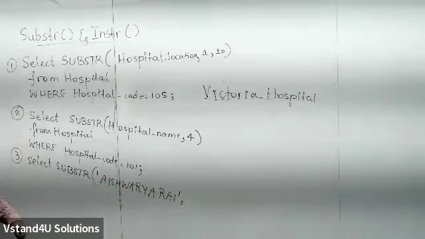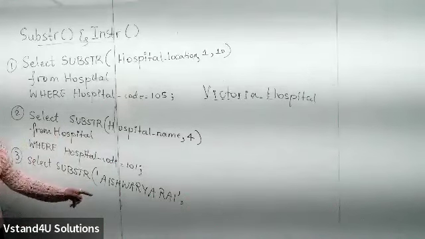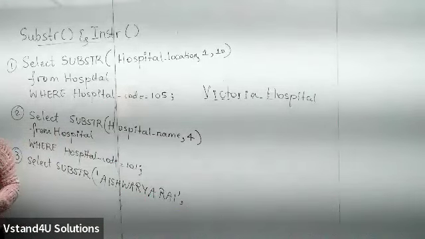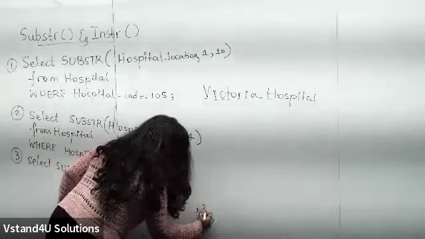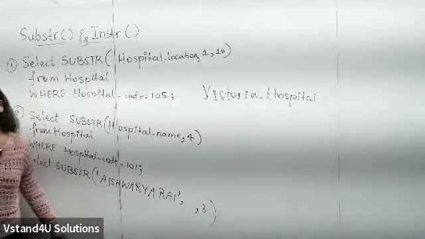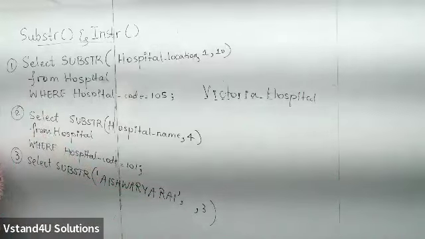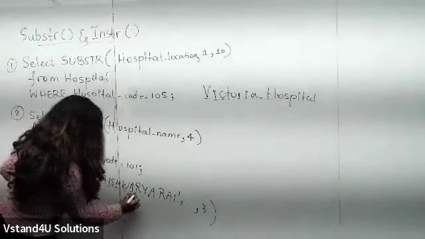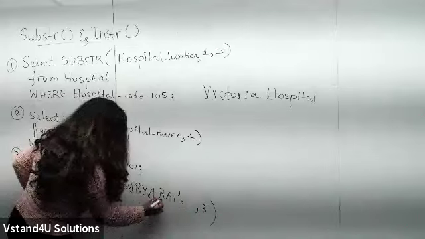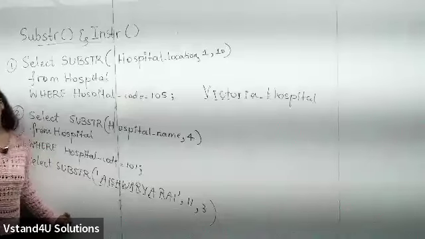You have to take out RAI from that. Can you count and tell? You know it is 3 letters. So at the end, I will mention 3. But what is the position of this R? It is 1, 2, 3, 4, 5, 6, 7, 8, 9, 10, and 11. I will mention 11. Clear?